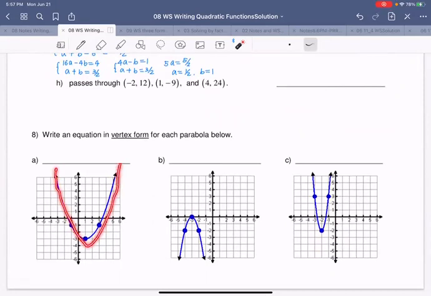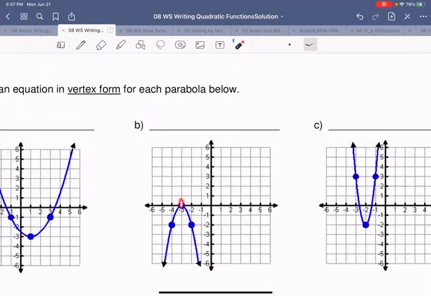Now look at here. We also did a similar question here. Let me call a student. Yarong, let's do question B. Go ahead. What's the vertex here?